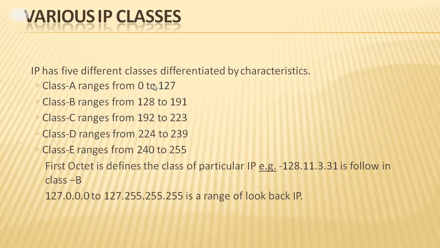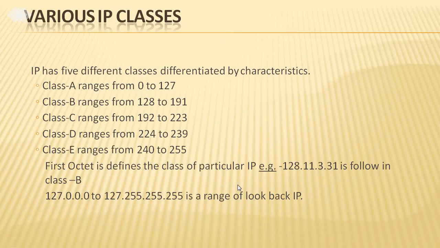Class A range is from 0 to 127. Class B range is 128 to 191. Class C range is 192 to 223. Class D range is 224 to 239, and Class E range is 240 to 255.